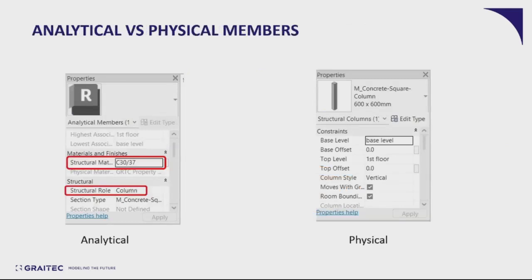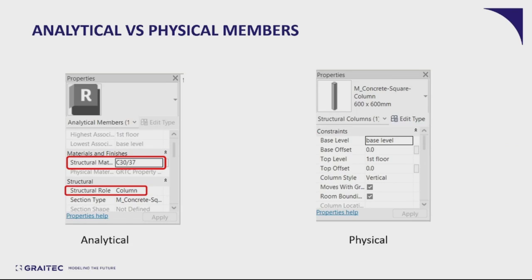Here in this slide, we can see the difference between an analytical and a physical model when it comes to the properties window that pops up whenever we select any element in Revit. On the left hand side, we have the analytical one, and on the right hand side, the physical one. On the analytical one, we can see the structural role of the element as well as its material.